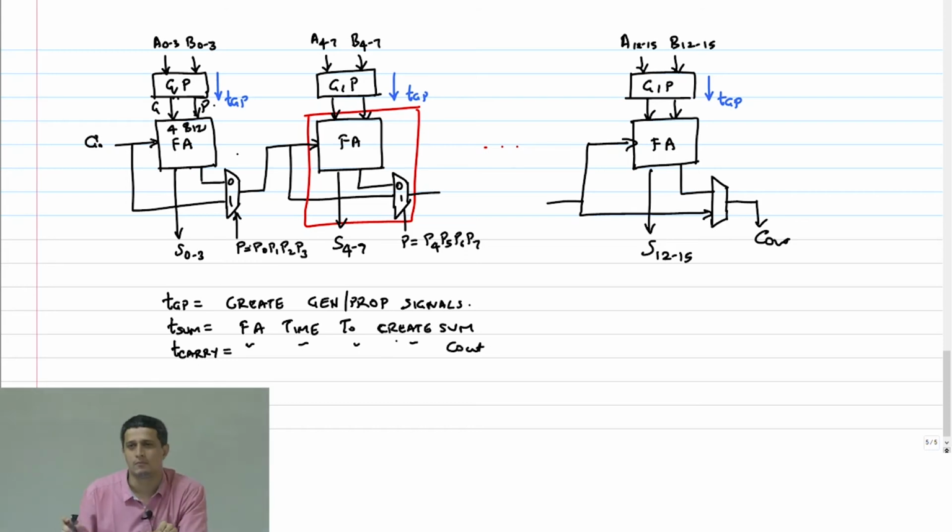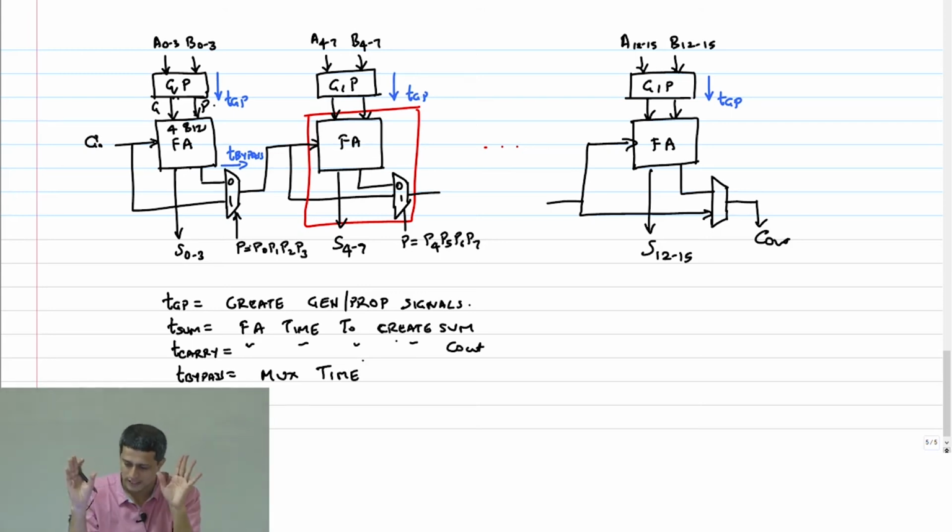Now there is a bypass multiplexer that I have put in the path. So let's say that this time is T bypass. Mux time. Okay, so with that I think we have covered all the blocks.